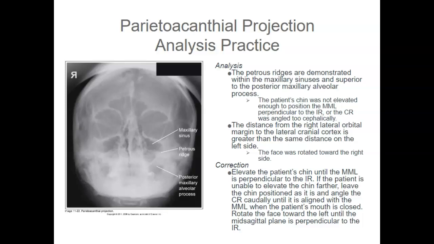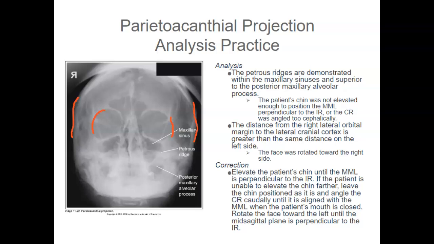We're going to look at the lateral cranial cortex margin and its relationship to the lateral orbital margin on each side. The left side is greater than the right. And according to guidelines, the side with the least distance is the side that the face is rotated towards. So in this case, the face is rotated towards the right.